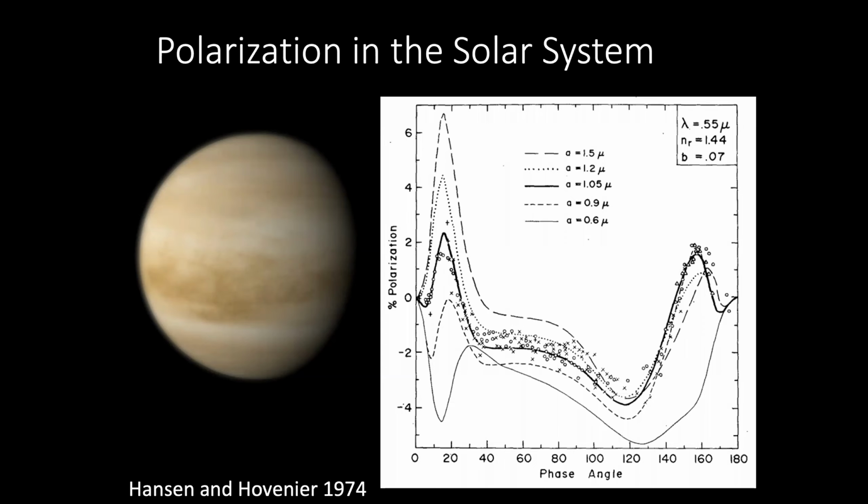And so back in the 70s, it was using the polarization phase function, so measuring the fractional polarization here as a function of phase angle, so the angle between the sun, the planet, and our observatory, to get this unique signature that was able to tell us that we're looking at about micron-sized particles of sulfuric acid clouds. And it was only using these polarization measurements that we were able to understand what these clouds were made out of.